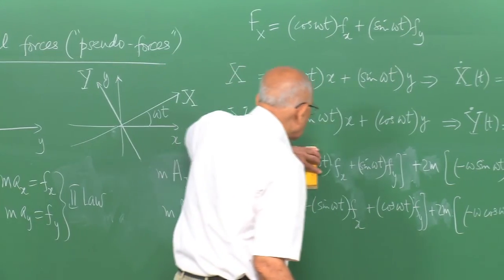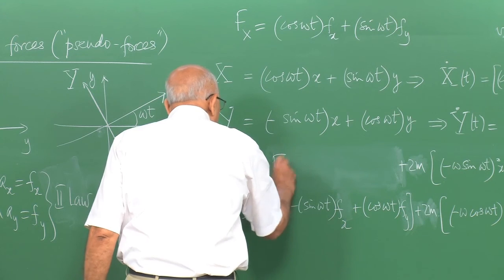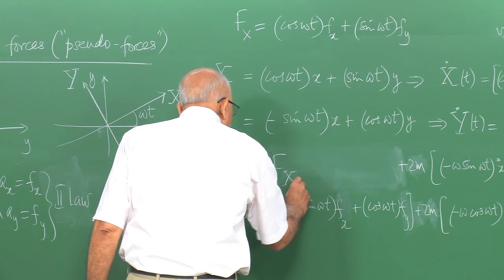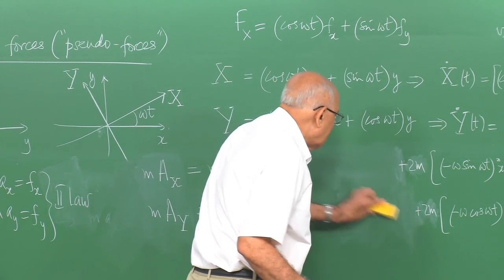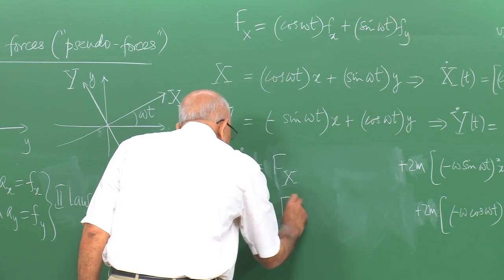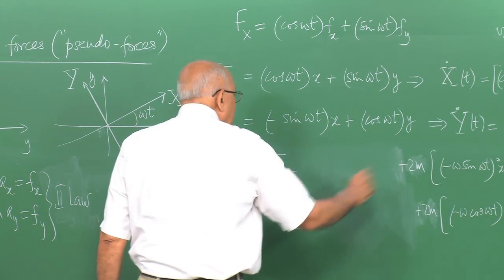So this whole thing goes away and I get F subscript x plus all these terms, and in exactly the same way I get here F subscript y plus a whole lot of other terms.